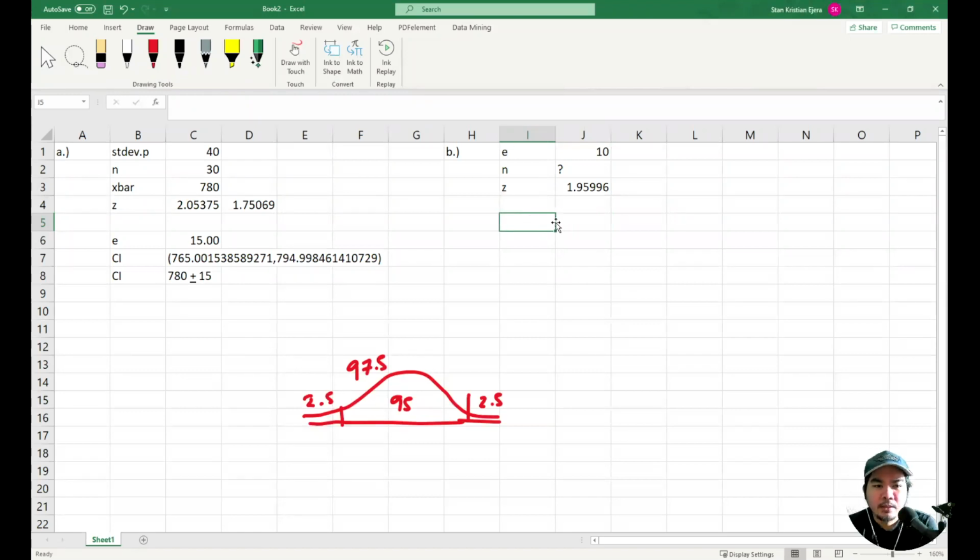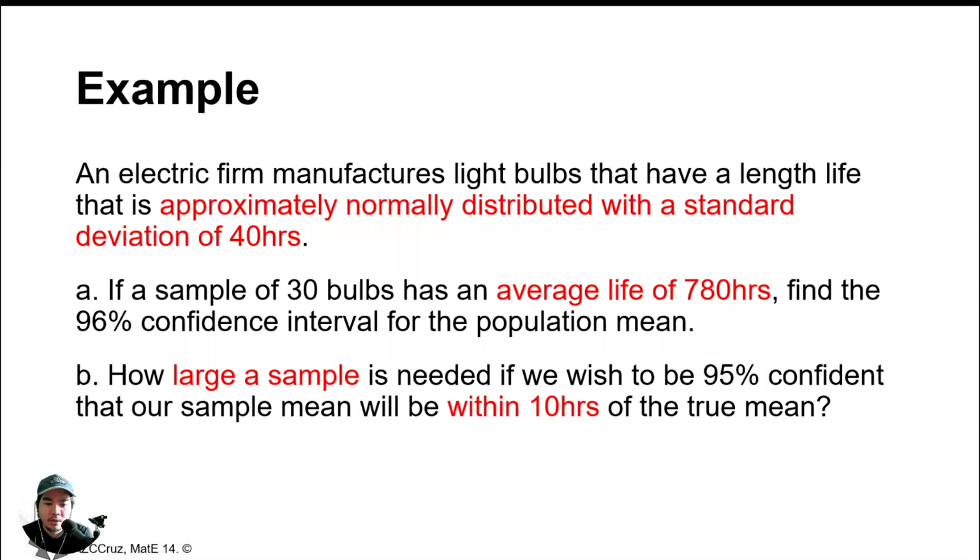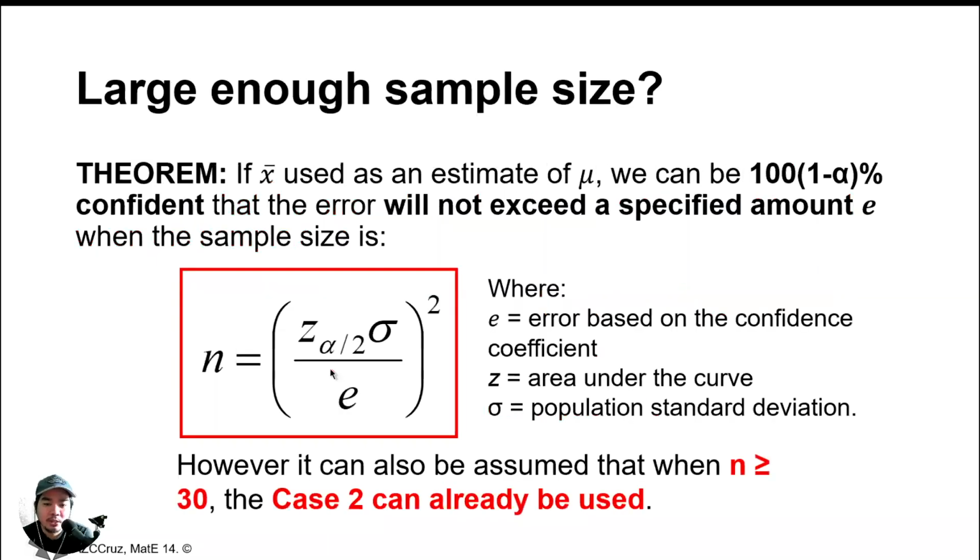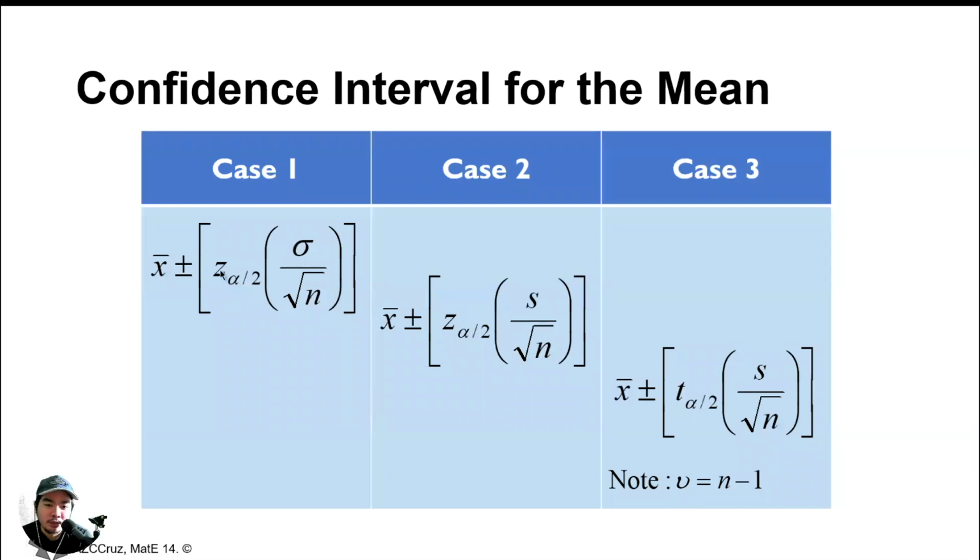Okay? Now, if you want to compute for the number of samples, we use the formula earlier. Pero a quick way of remembering the formula earlier, ito. So if you can't remember this formula, what you can do is actually just look at this formula. So x bar plus minus z, or yung tabular value times standard deviation over square root of n.